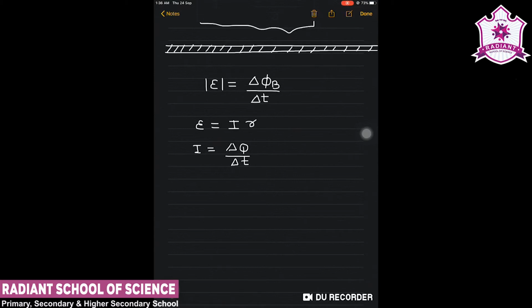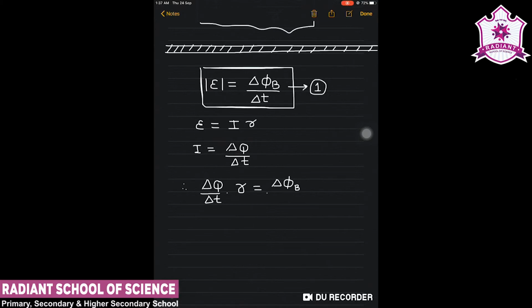If we replace all these terms in the above equation, suppose we call this equation number 1, then here we can compare that I, which is delta Q over delta T, into R itself will remain there, and this is equal to delta phi due to the magnetic field upon delta T. Here obviously the term delta T will cancel out, and now we have the remaining term, that is delta Q into R is equal to the change in magnetic flux.